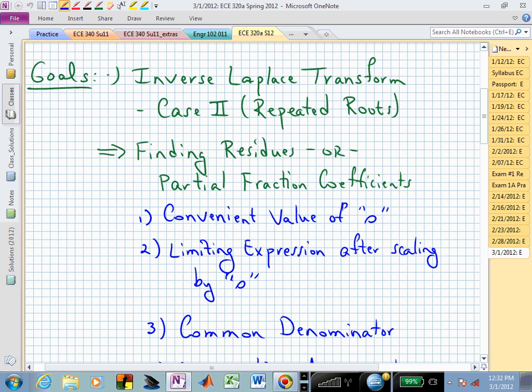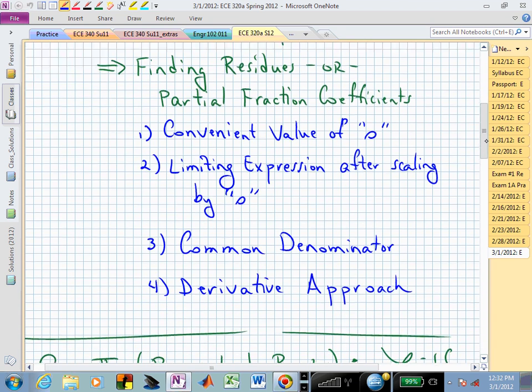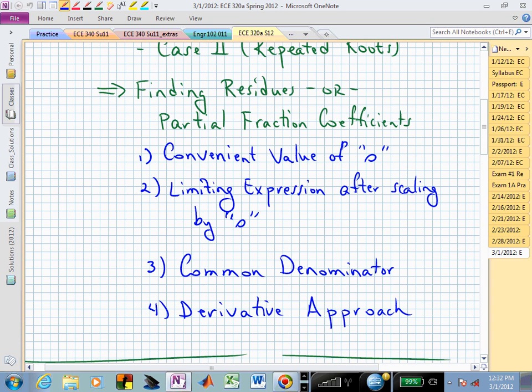If you have simple roots, case number 1, which we talked about last time, that's about the most direct way to find those residues. But there are many ways of finding those partial fraction expansion coefficients, and we'll talk about 4 of those, hopefully, dealing with case number 2, where you do have to find a different way to determine one or several of those coefficients if you have repeated roots.